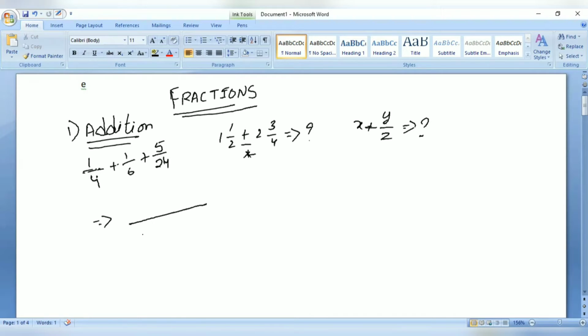The LCM of 4, 6, 24 is 24. Then 24 in 4, it is 6 times. Then 24 in 6, it is 4 times. Then 24 in 24, 1 time, so it is 5. So the total value is 15 divided by 24. This is how we do it in a very general manner.